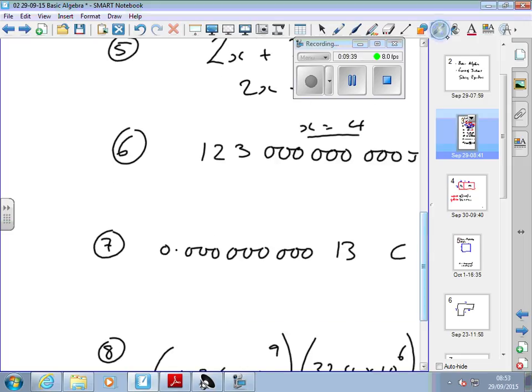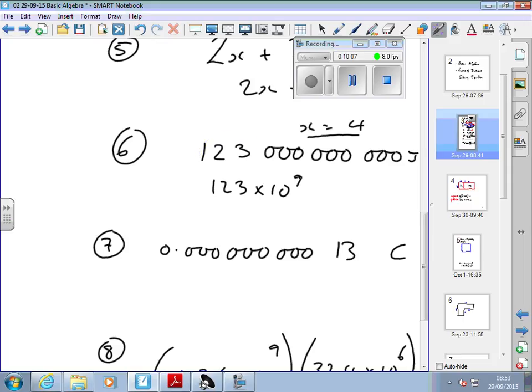Next one. Engineering notation. I can move this decimal point back as many times as I like, so long as I go in threes. So 3, 6, 9, I could call that 123 times 10 to the 9. Or I could go back another 3 and call it 0.123 times 10 to the 12, or 123,000 times 10 to the 6.